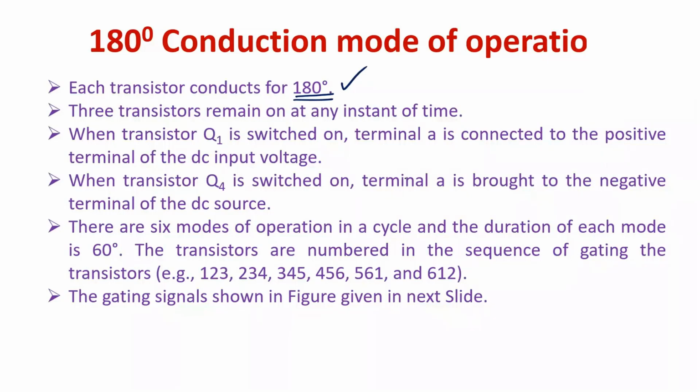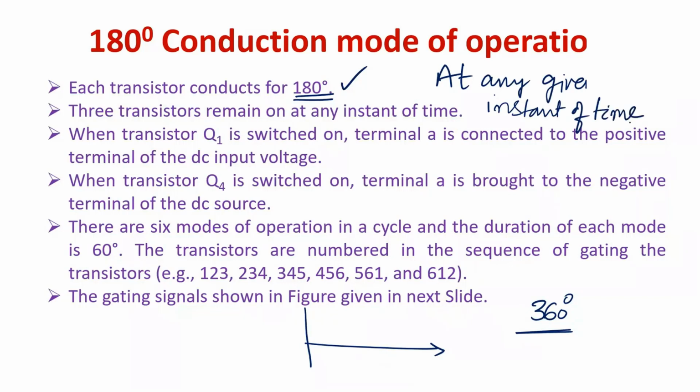You know that the angular displacement of one cycle is 360. So, if each thyristor conducts for 180 degrees, then at any given instant of time, three switches will be in conduction.